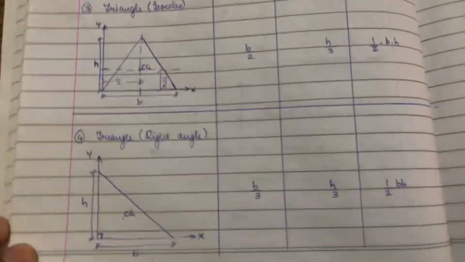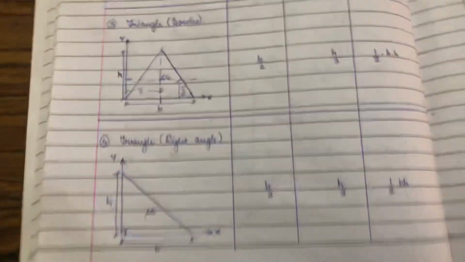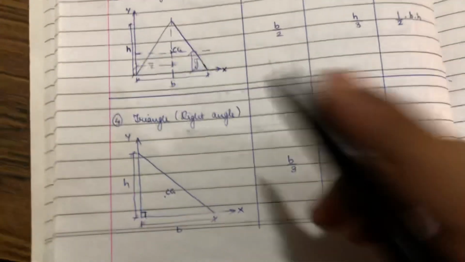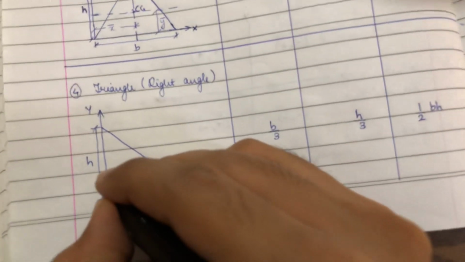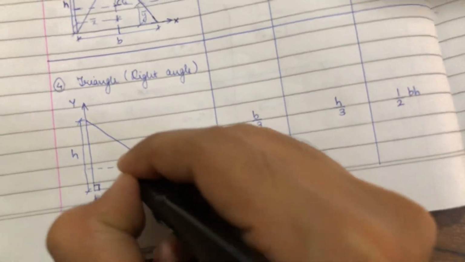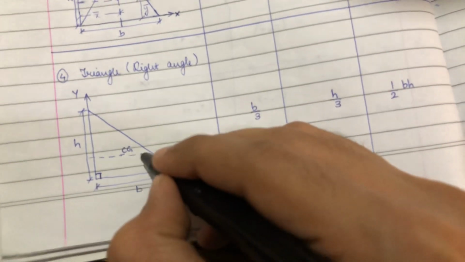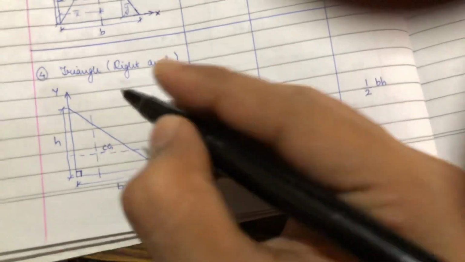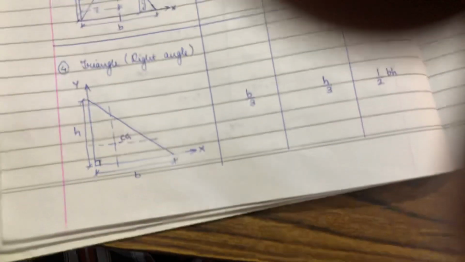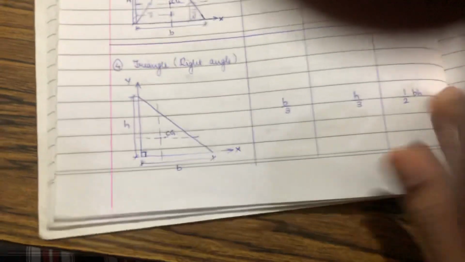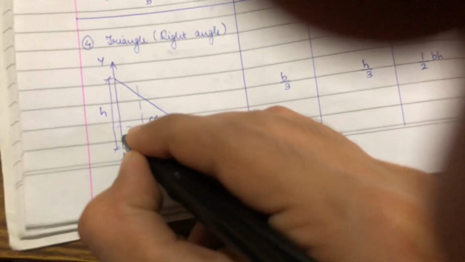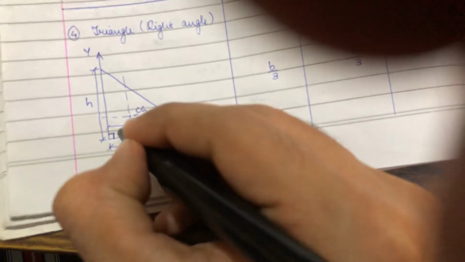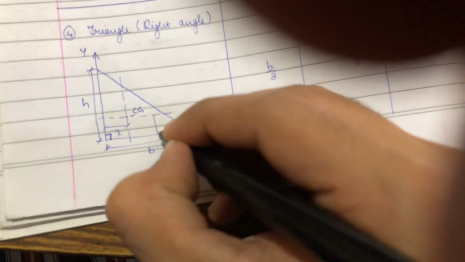Now coming to a right angle triangle. This is a right angle triangle. Again, CG will act somewhere over here. Suppose this is the point of the CG. This will be the x bar and this will be the y bar.